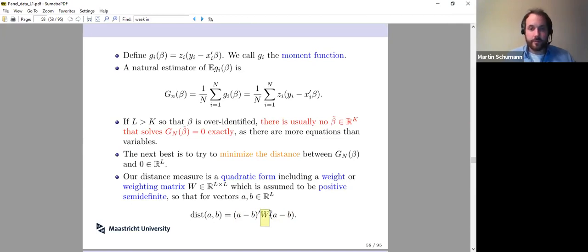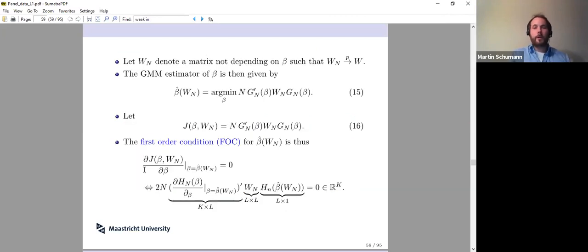And here we include also a weighting matrix. We will see that this weighting matrix can play an important role in GMM. So the distance between two vectors is defined as this quadratic form. Now we say that W_n is simply some matrix.